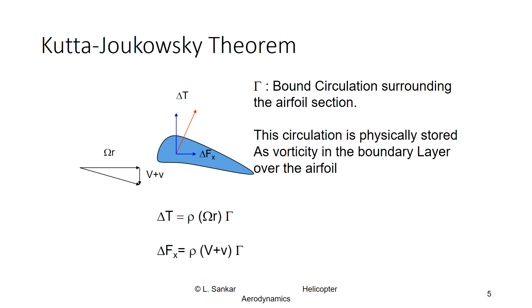And it also says the induced drag, which is pointing in the horizontal direction, in the direction of the rotation, in the plane of rotation, which I call delta Fx, is density times the vertical component of velocity, which is the climb velocity capital V, plus induced velocity lowercase v, times gamma. So this is the Kutta-Joukowski theorem. Therefore, the lift can be related to the circulation. And circulation, of course, depends on the lift produced by the airfoil, specifically the angle of attack, which depends on the induced velocity, as we saw earlier.